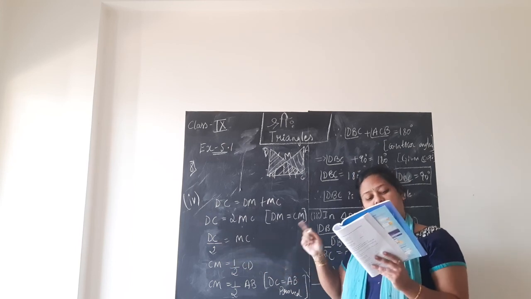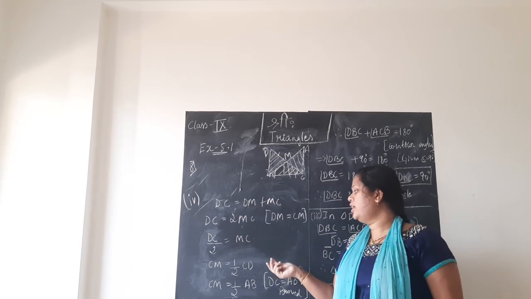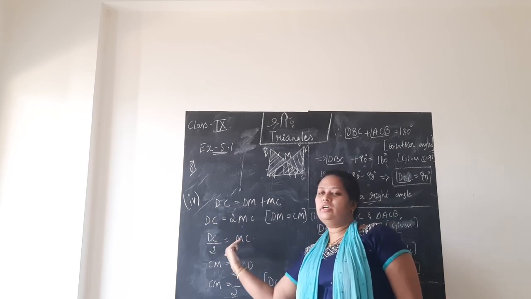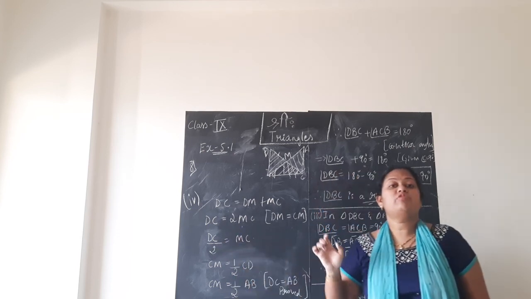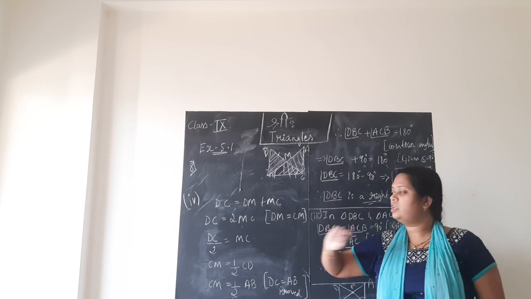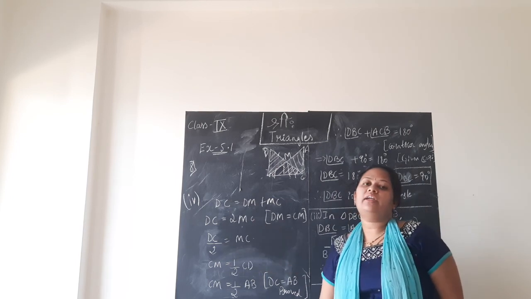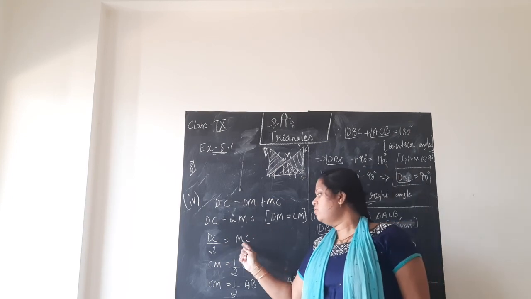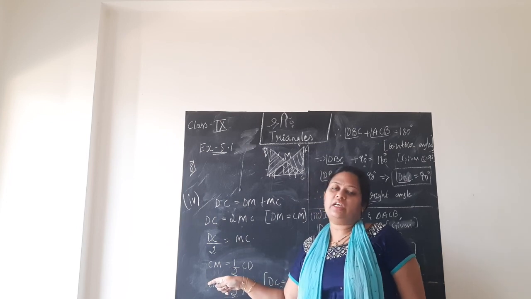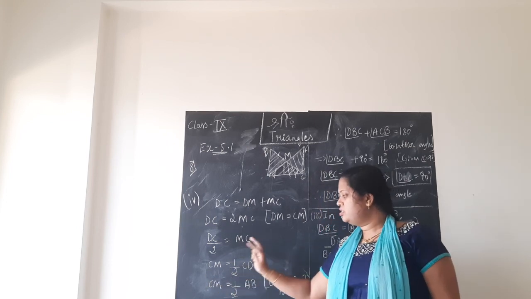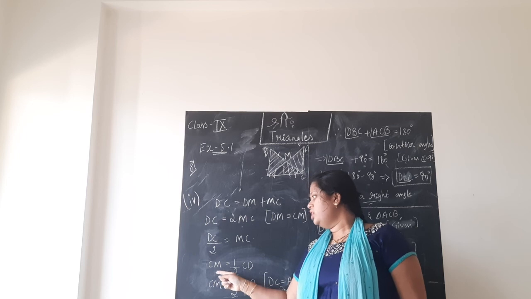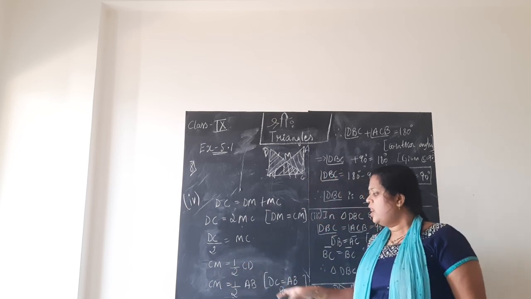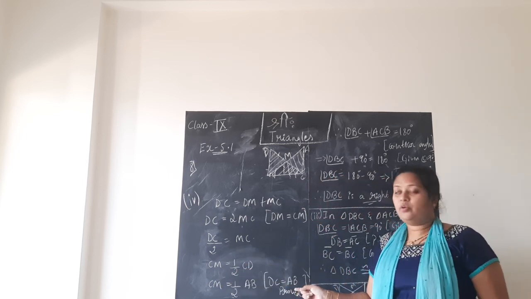But here it was CM is equal to, in terms of. So what I do is, I will just reverse it. I am not sending the terms from LHS to RHS or RHS to LHS. That I did. So only I divided by 2. After that, since I want CM or MC on my LHS according to the given question, I am just replacing the terms, children. So CM will be half of CD. But CD is equal to AB. We have proved already.